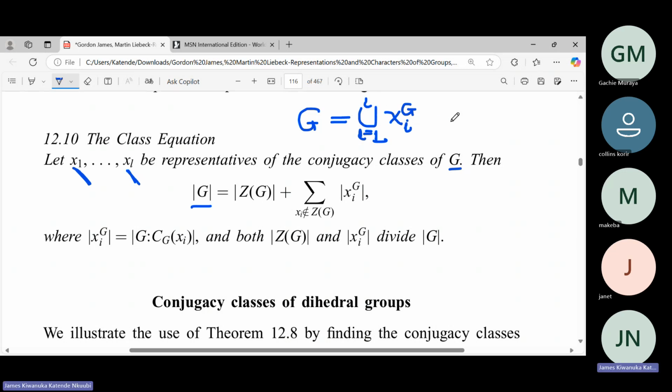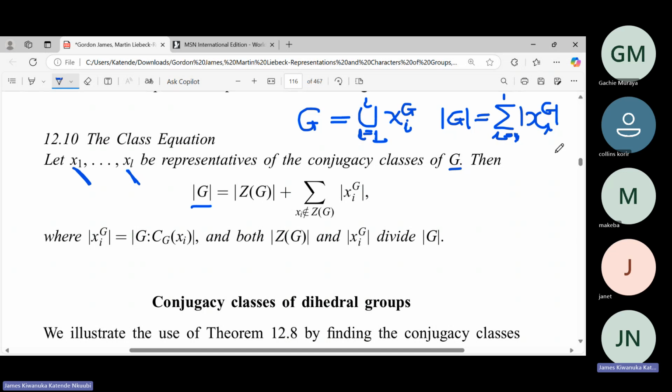So if this is a disjoint union, then the number of elements is simply the sum of the number of elements in each conjugacy class. So you run through i up to L and you have a total.